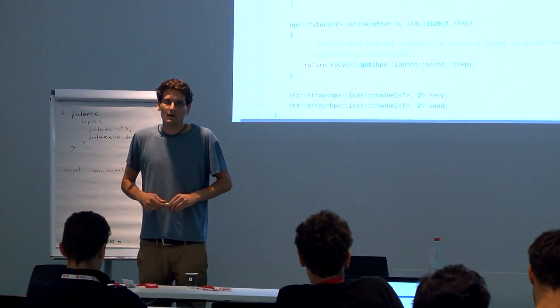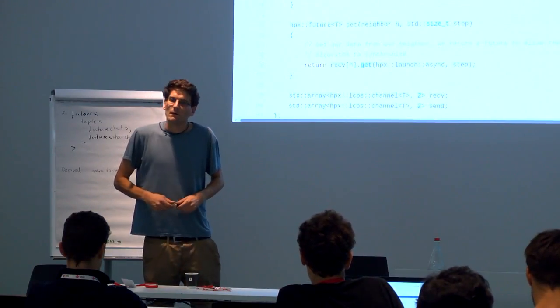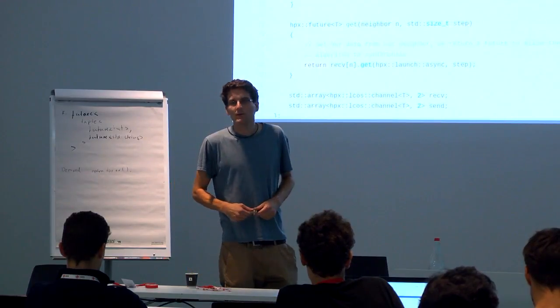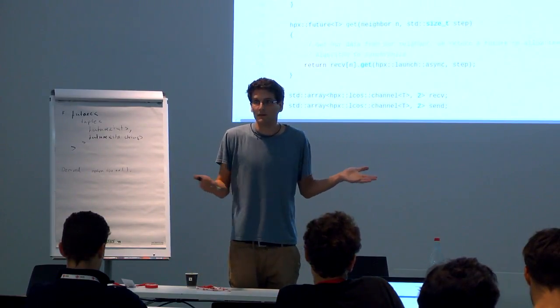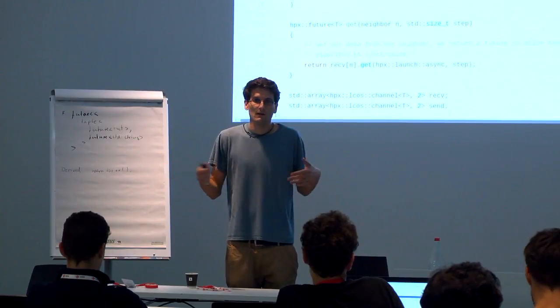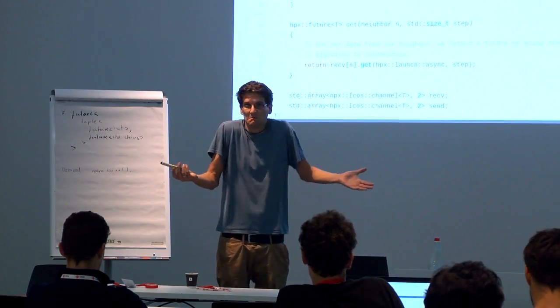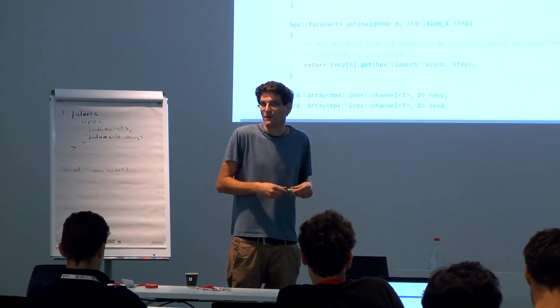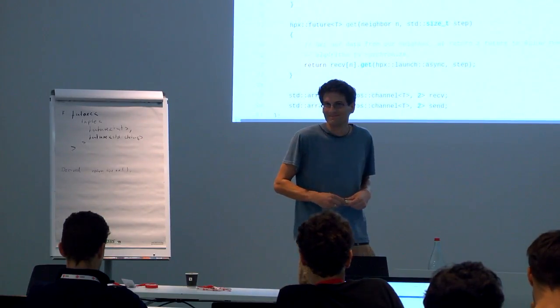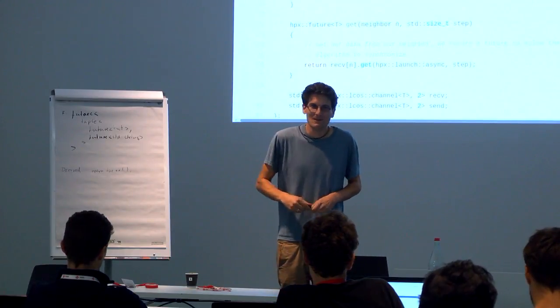Does the user do it, or is there some API for that? There's no API for that, because there are so many data structures out there, so many different ways to pack up the boundaries, and you probably have it already for your MPI codes, because you need it there as well.